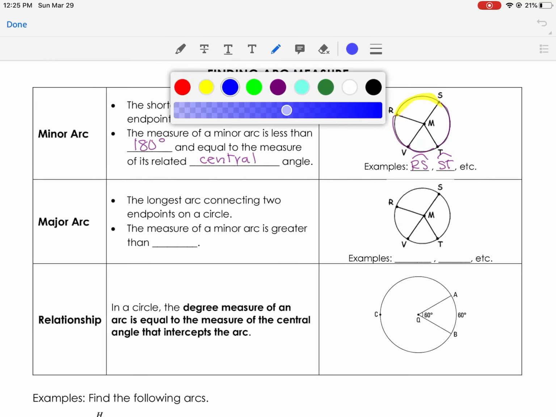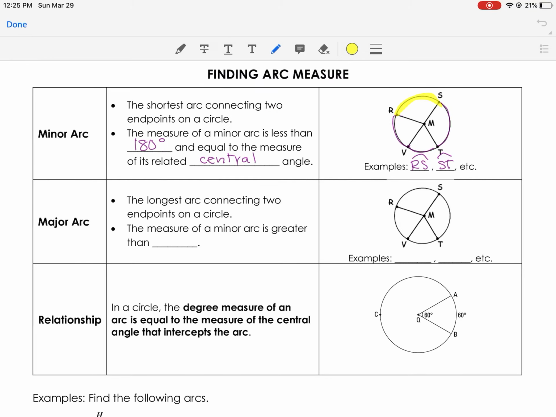Okay, if we then look at major arcs, those are now the longest distance connecting two points. So with RS, if I don't go just from R to S, the short distance, if I go the other way around, we call that a major arc. And these are always greater than 180, or half a circle. The way that we help you recognize we're talking about the major arc is we usually use three letters.